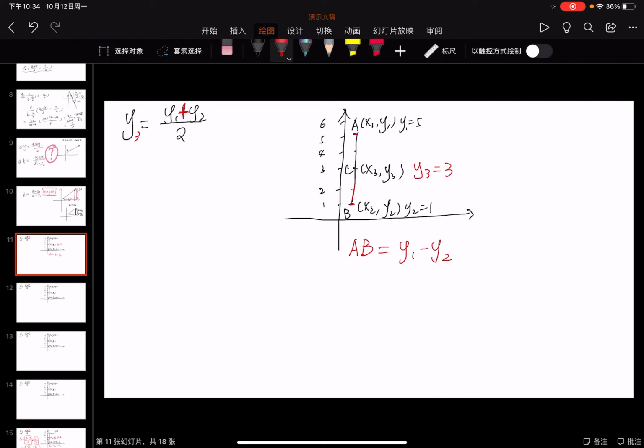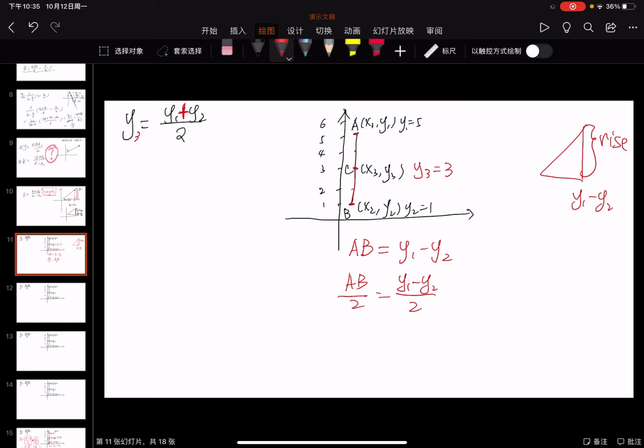When we try to get the slope k, what we did first is also to find the rise, which is y1 minus y2. Why is it different? Some people would say, oh, because now we need to find the midpoint, so it's half of the length. So what's AB divided by 2? It is 2. So y1 minus y2 over 2.